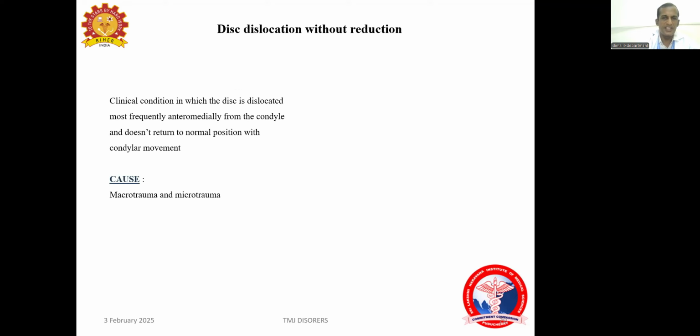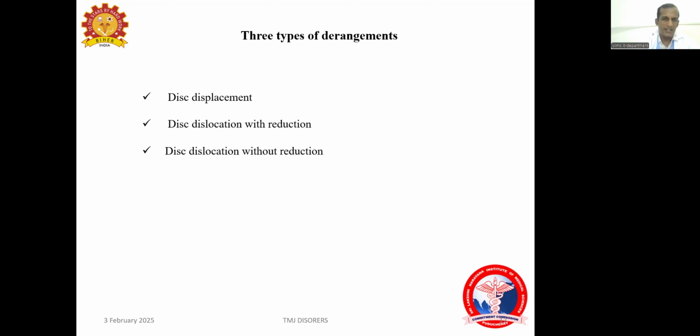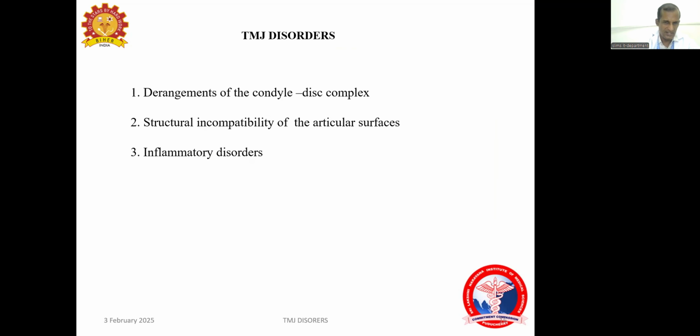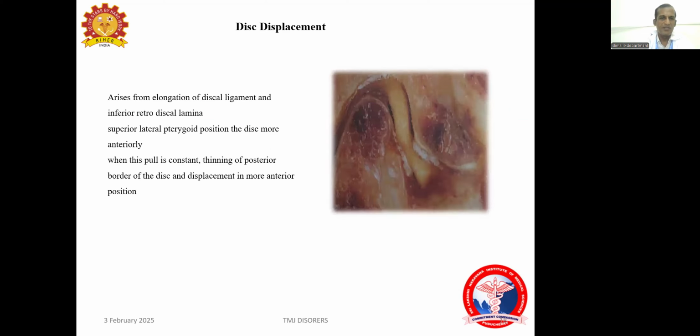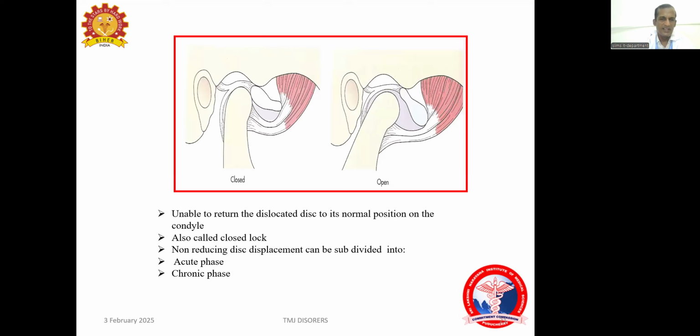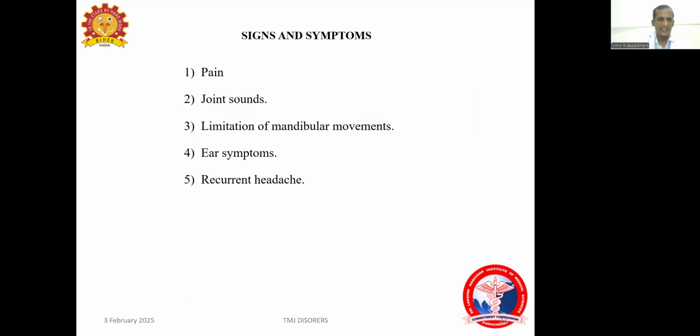Now, either it can be associated with the disc, or non-articular, that is associated with the muscles, a muscle spasm, or myositis, or contraction of the muscle, or it can be associated with headache, that is recurrent headache. These are the signs and symptoms of the TMJ.